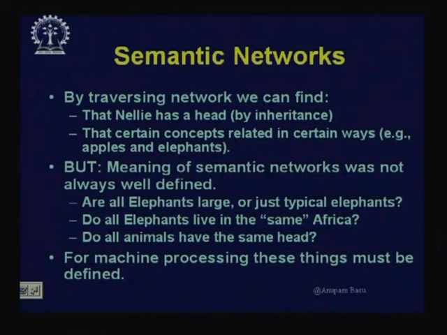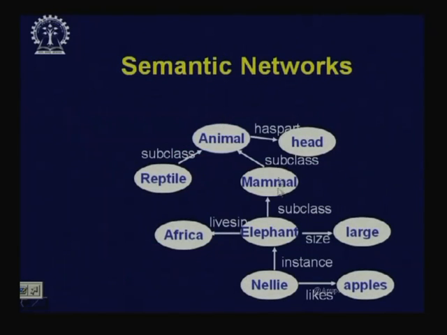We inferred by traversing the semantic network, and with that we found that Nelly has a head, and that was purely by inheritance. We inherited the property of Nelly having a head. The property was much higher, and it has been inherited along this arc to Nelly. All right.